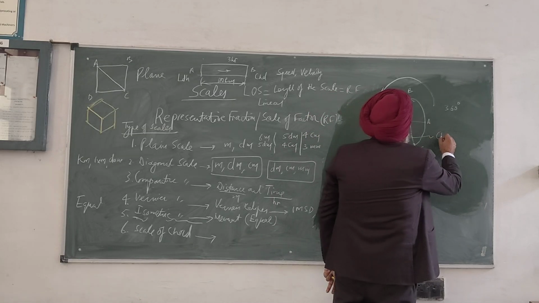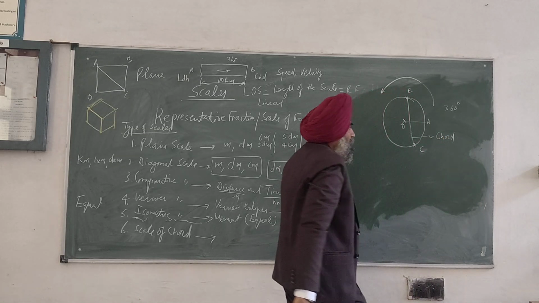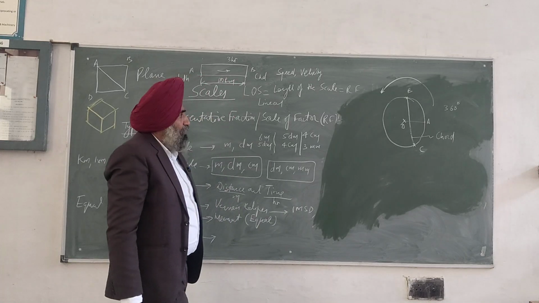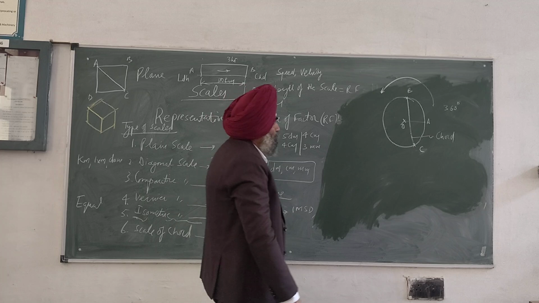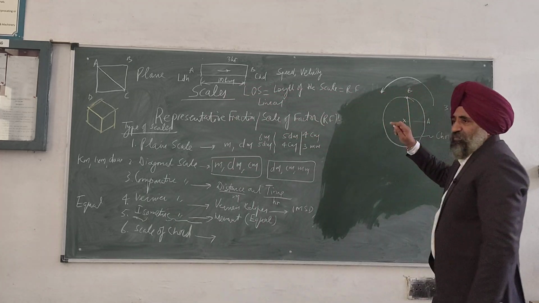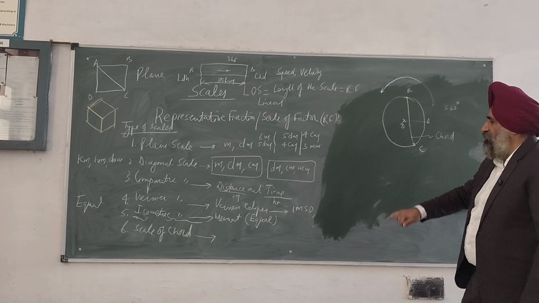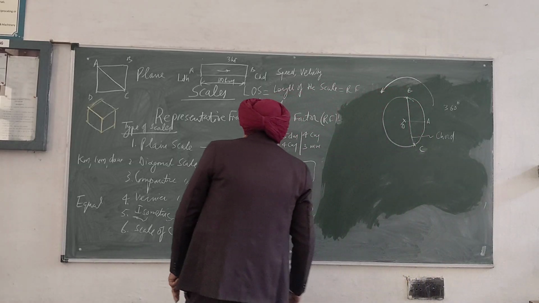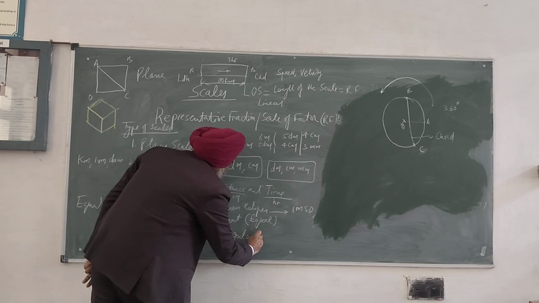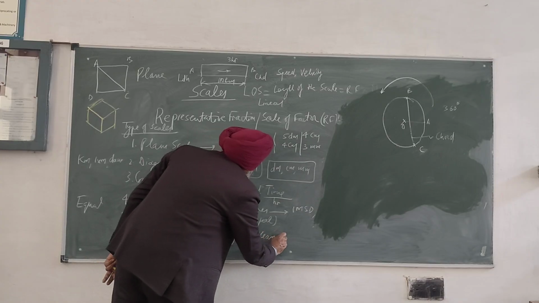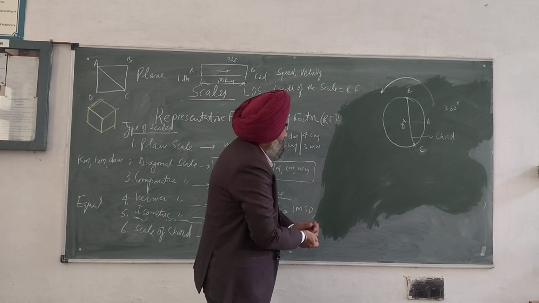Now this becomes a scale of chord. For measuring this angle, we will make use of the scale of chord, and this angle will be measured in degrees. So basically, this represents your angular measurement by making use of the scale of chord which we have discussed here.